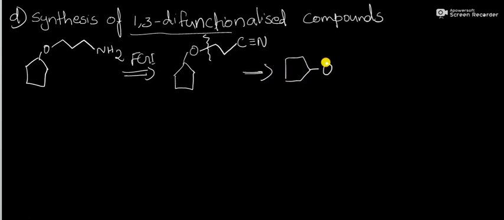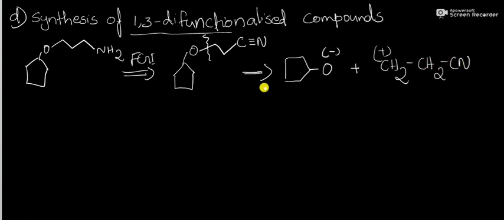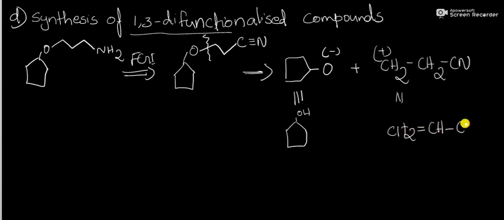One is phenoxide anion and another one is CH2 plus CH2CN, and this can be obtained from phenol, and this can be obtained from alkene, that is CH2 double bond CHCN.